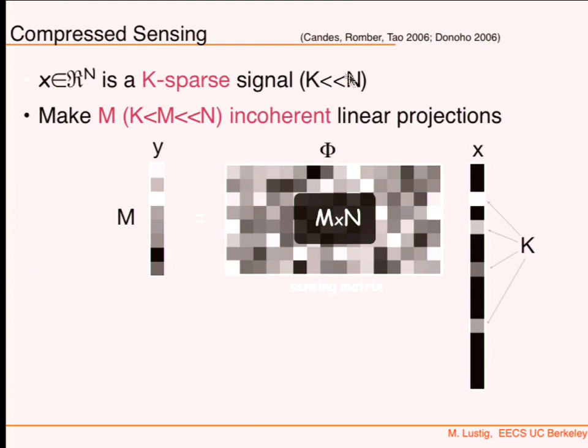What we're going to make is m linear measurements, where m is less than n. So the sensing matrix is going to be fat. A fat sensing matrix means that it's an underdetermined system of equations. We have fewer equations than unknowns.